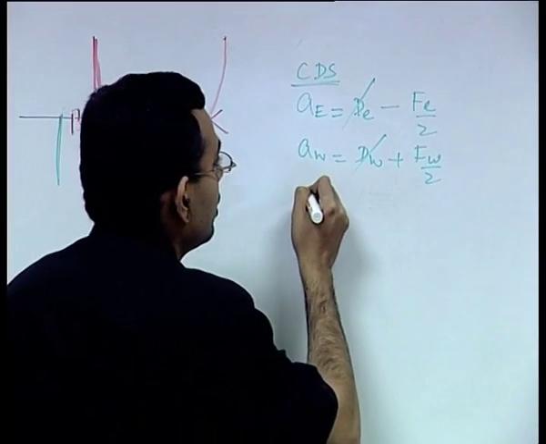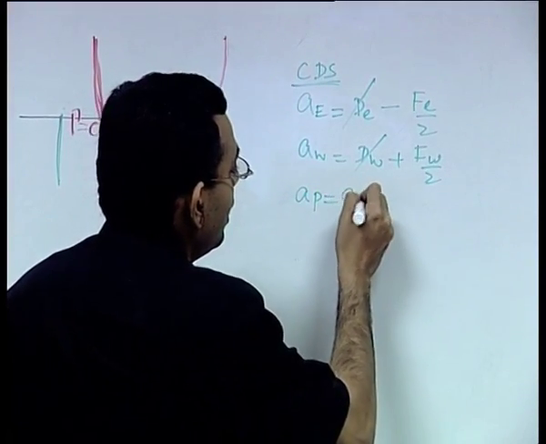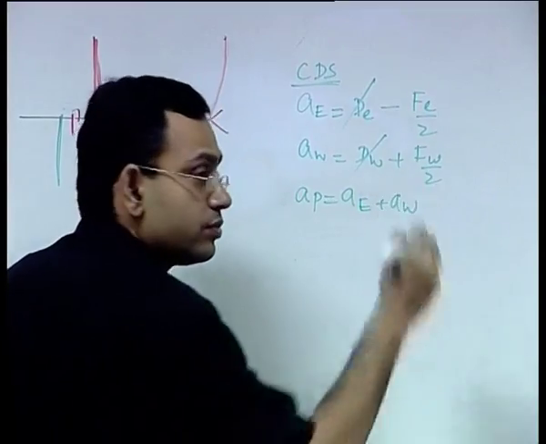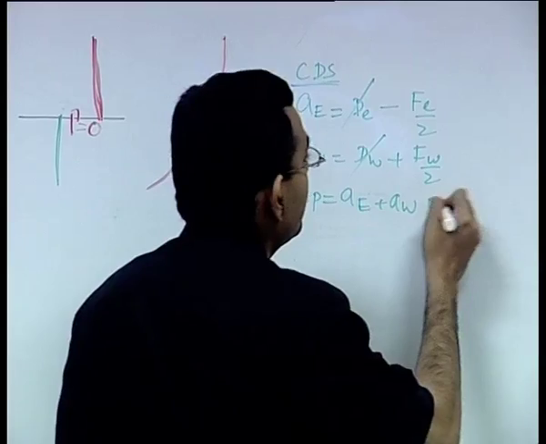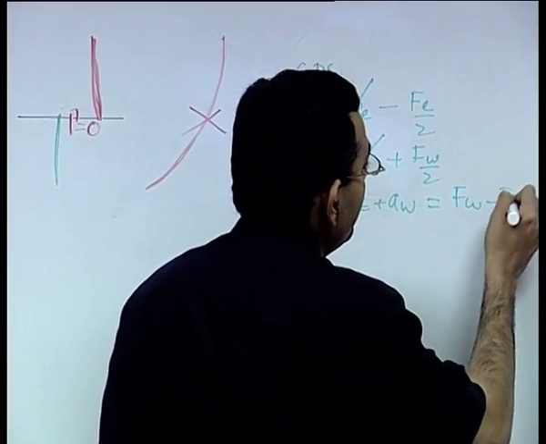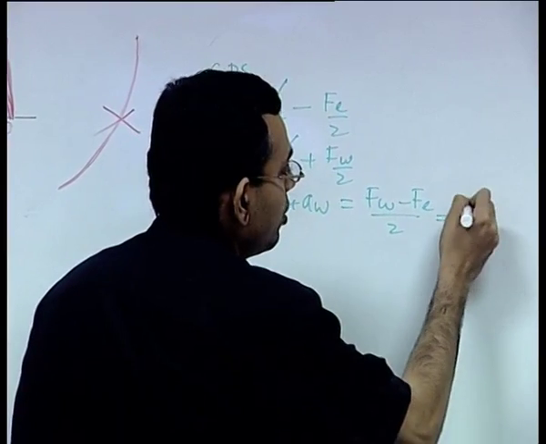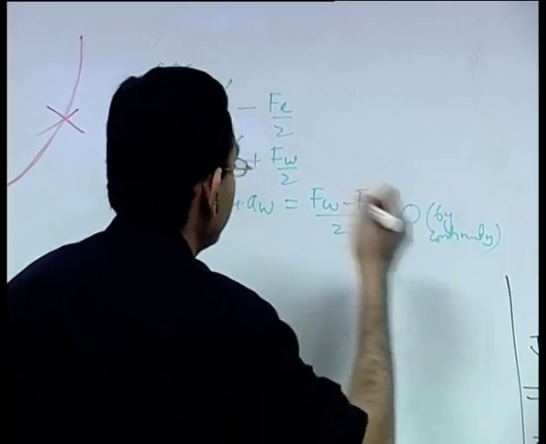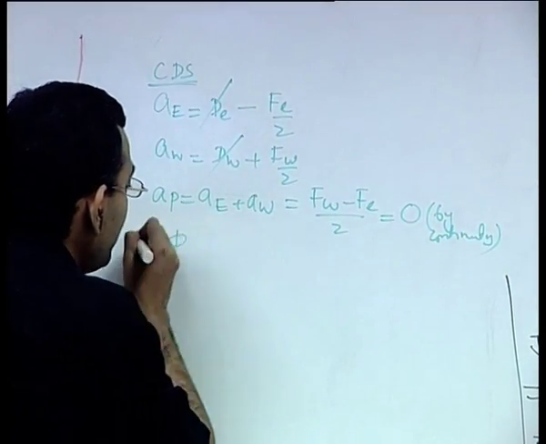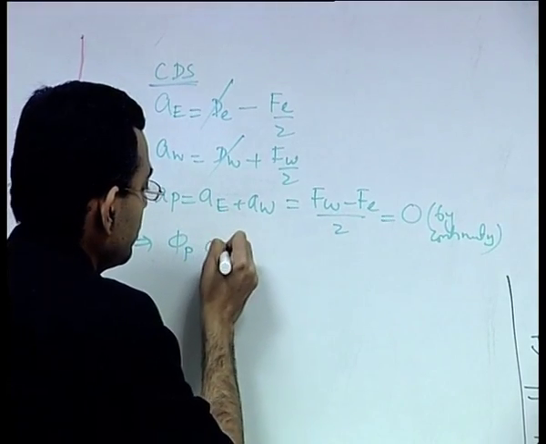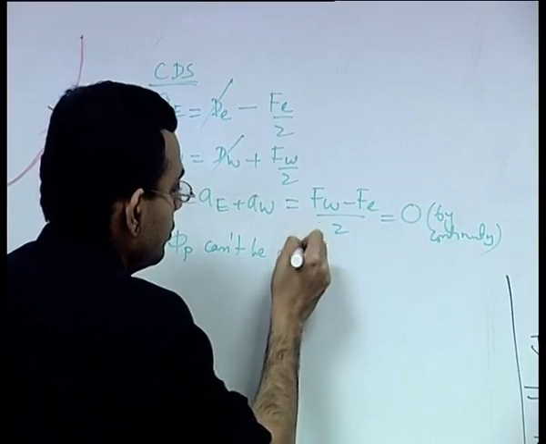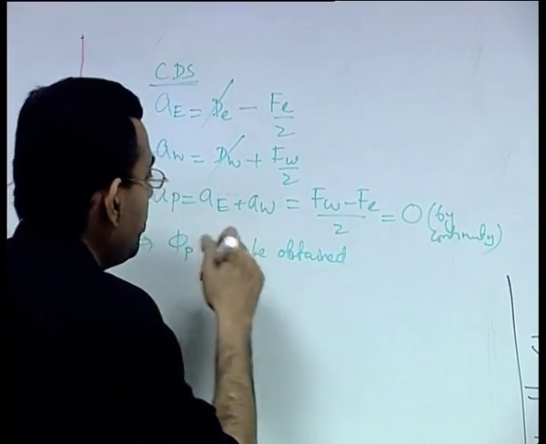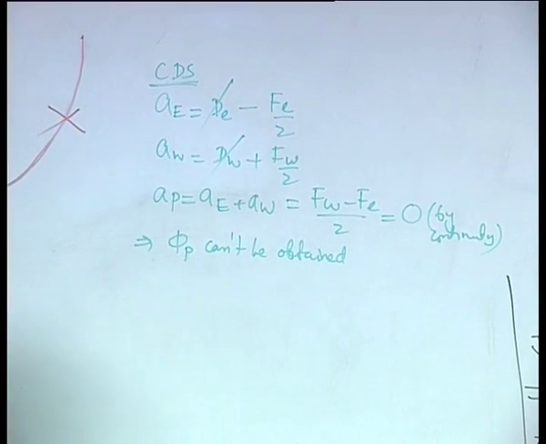So AP is equal to AE plus AW, that is FW minus FE by 2, and this is equal to 0 by continuity. That means phi p cannot be obtained, because to get phi p you have to divide the right hand side by AP. So it is a division by 0 problem.